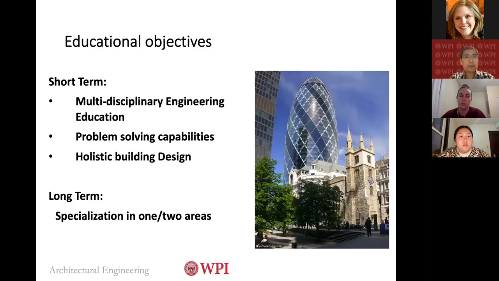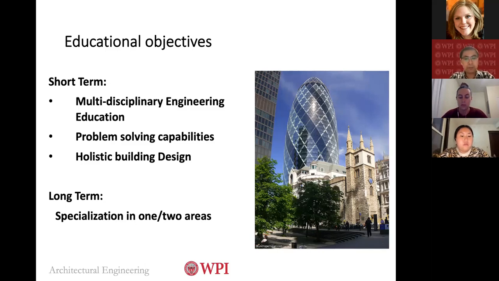The major educational objectives of this architecture engineering program in the short term are to provide multidisciplinary engineering education. As we know, the disciplines are converging more and more than in previous days.